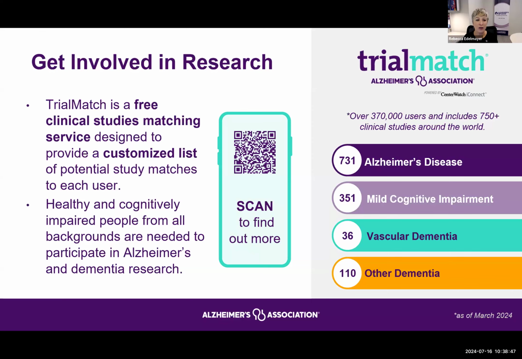We're looking for healthy as well as cognitively impaired individuals from all backgrounds to participate. So I wanted to share the opportunity to use Trial Match as a way to look for clinical studies. We have over 800 studies across the world that might be the right fit for you.